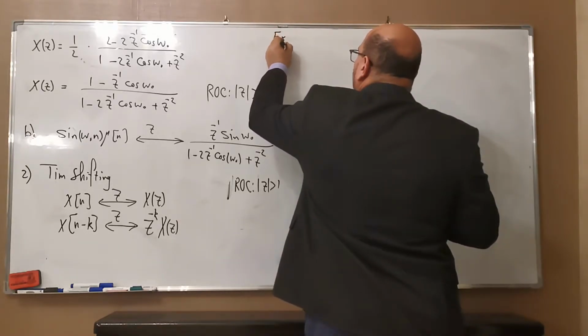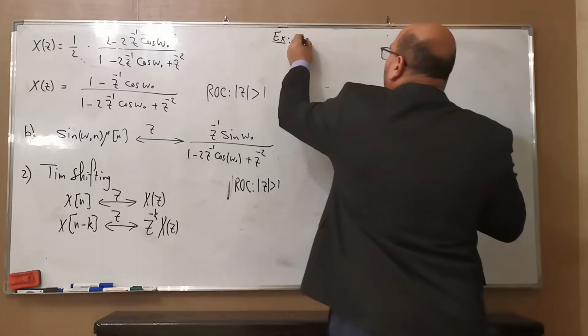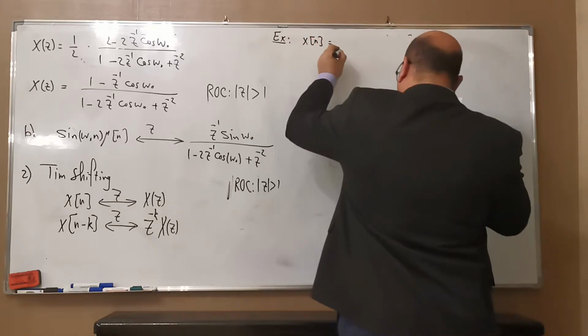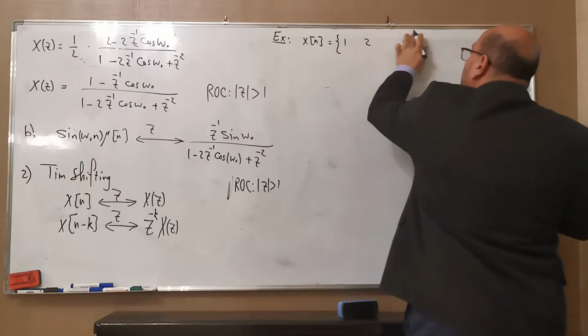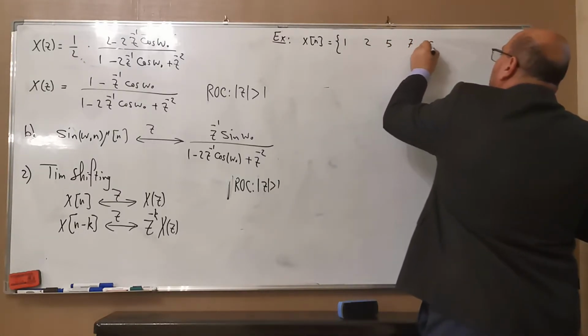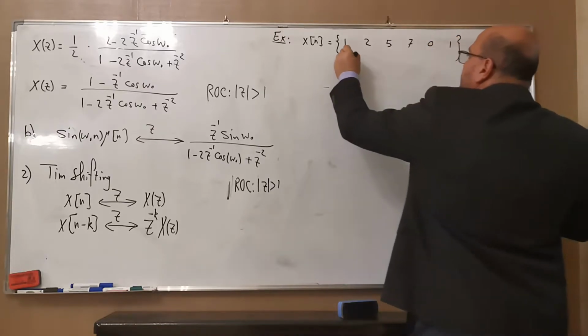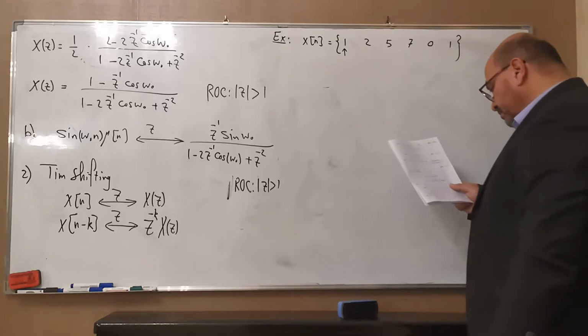Let's do an example. We have x of n equals 1, 2, 5, 7, 0, and 1. We take a finite sequence, and you have the 0 here, the default 0.